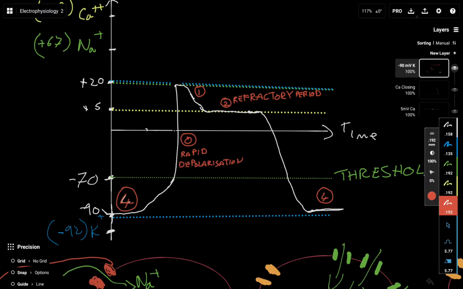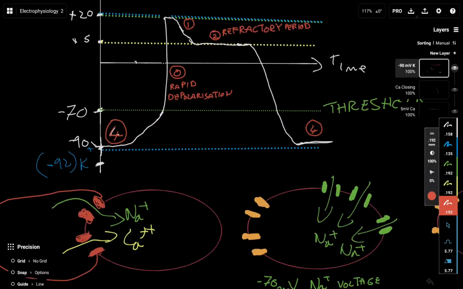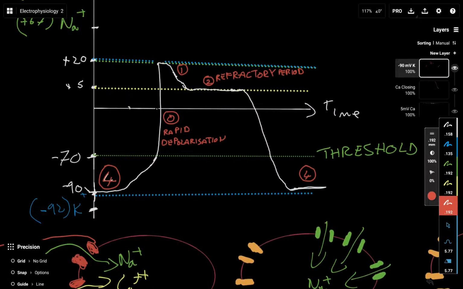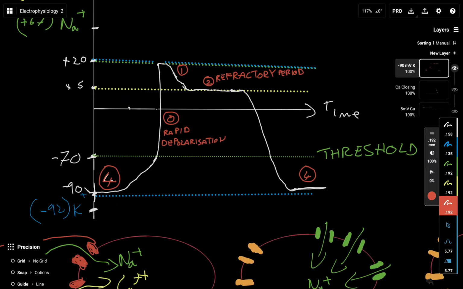That's why many antiarrhythmic drugs target my refractory period by blocking different channels here. And my phase 3 is when my calcium channels get inactivated and my potassium keeps pouring out of the cell.